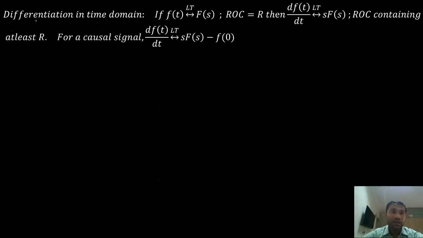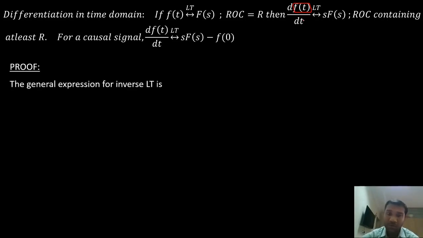Then the next property is differentiation in time domain. Let us prove the differentiation property. When you have differentiation in time domain, how does the Laplace transform change? We'll first write an expression for f of t in terms of its inverse Laplace transform.